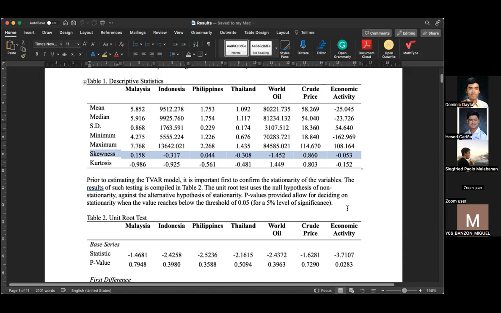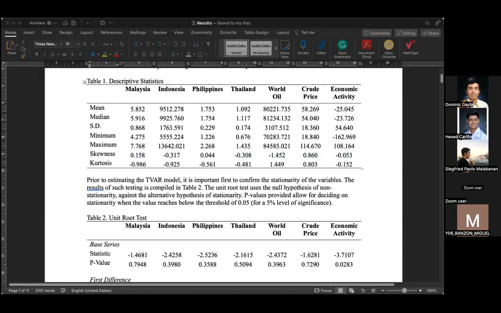Skewness is a measure of symmetry, of how symmetric or not the data is. When we say that something is negatively skewed, the majority of our data is the reverse. So negative skewness, or skewed to the left, means that most of the data would be found on the right side.